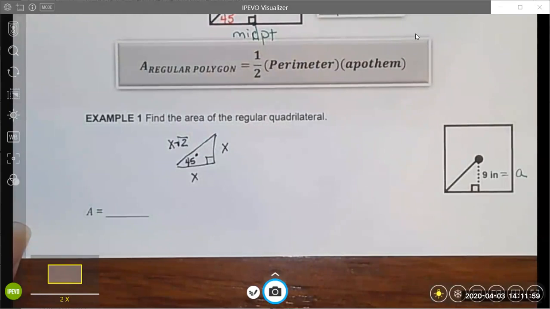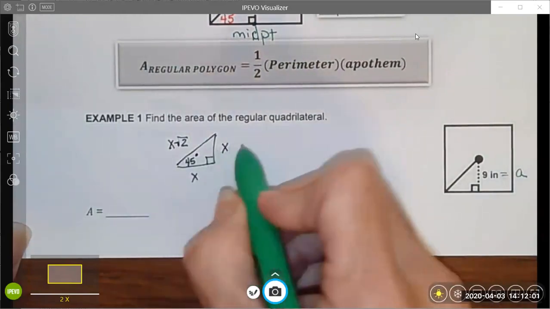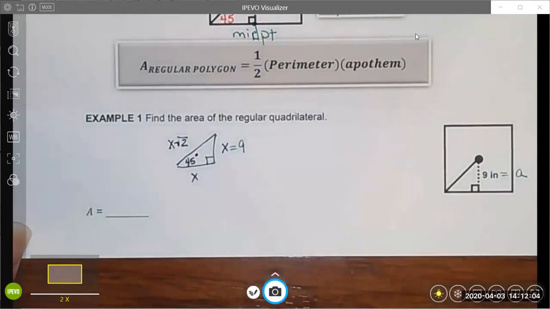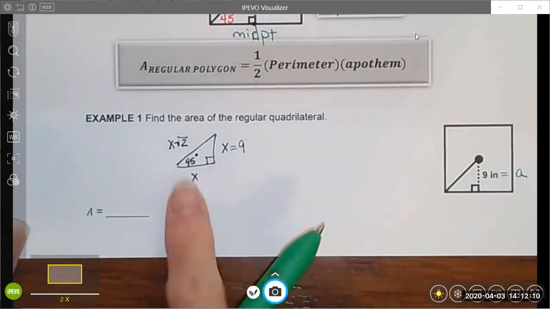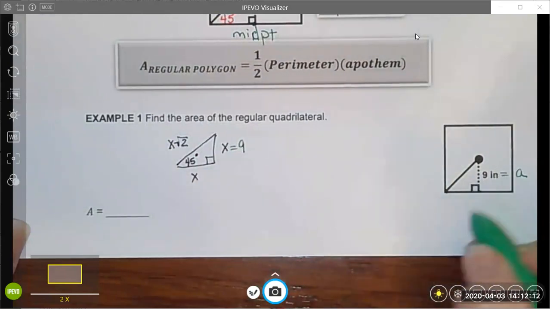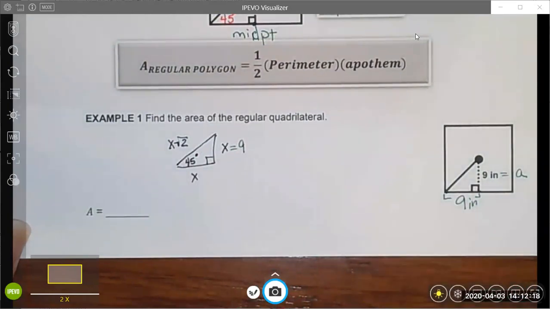If I then label my special right triangle with the information I was given, I now can see that there is a relationship between the apothem and the distance from the midpoint to the vertex, making this also a 9-inch segment. I can then calculate the length of the entire side. It's going to be 2 of these, or 18 inches.